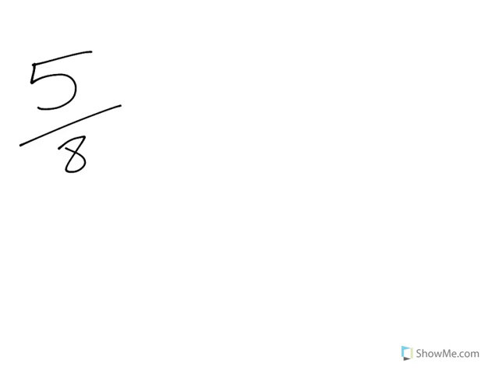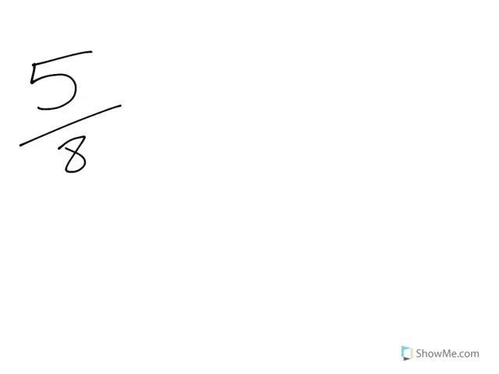We want to convert 5/8 into a percentage and into a decimal, but it's very difficult to do because there is no way really of getting to an equivalent fraction over 10 or an equivalent fraction over 100. So the other way to find the decimal and the percentage is to divide the numerator by the denominator.